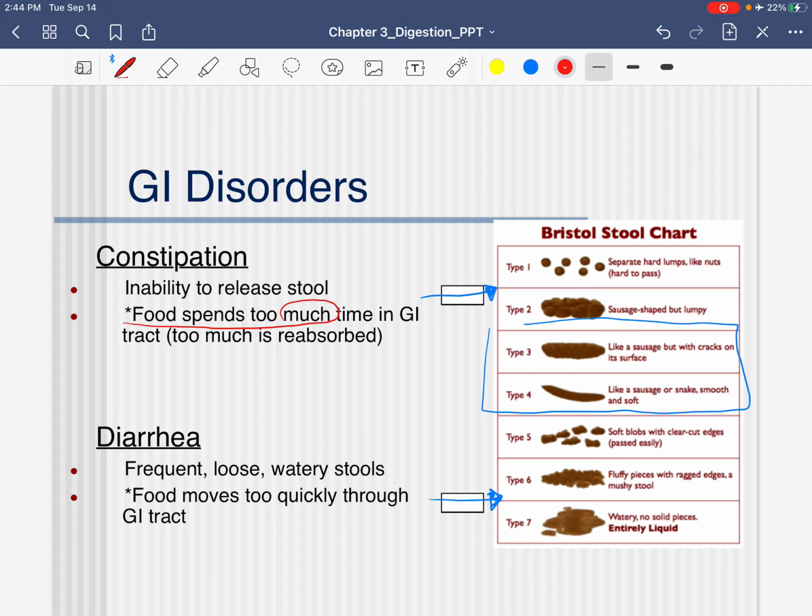And if too much is reabsorbed because things are spending too long in the large intestine, then what comes out as poop is going to be harder because you've reabsorbed too much water. Then the opposite is true. If food moves too quickly, think about food poisoning. If you eat something that doesn't agree with you, it's going to move right through you. So the large intestine isn't reabsorbing enough. Therefore, we're pooping out a lot of that water. Our poop is more watery than usual because our large intestine didn't have the chance to reabsorb it.